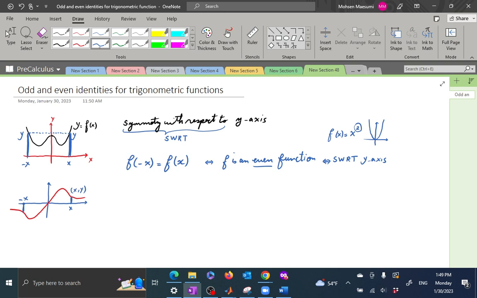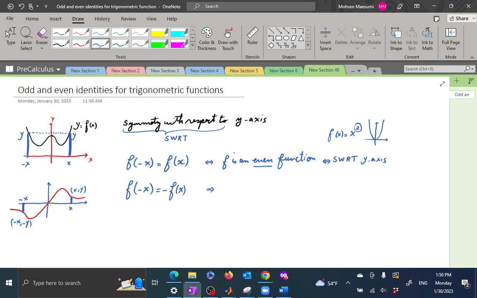So here the height was y, here the height is minus y, so you're at the location minus x, minus y. So this one has the property that f of minus x, which is now like at this point on the left, is the negative of what it was on the right, is minus f of x.